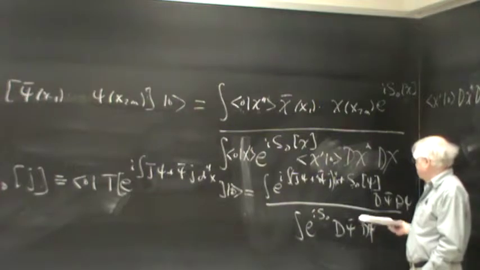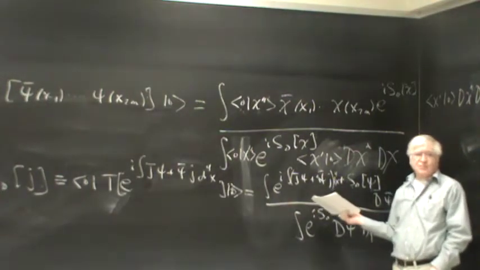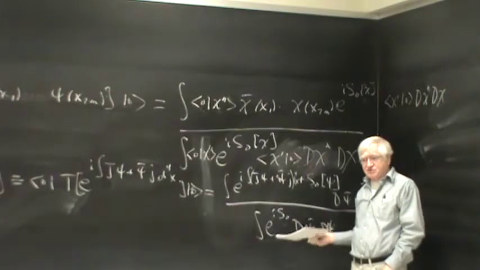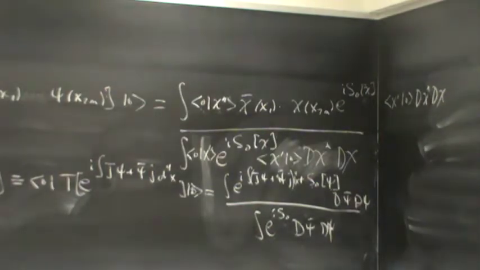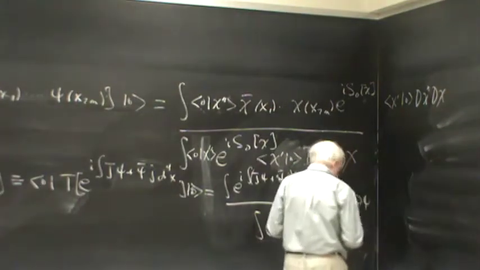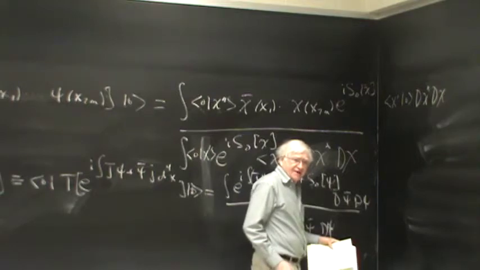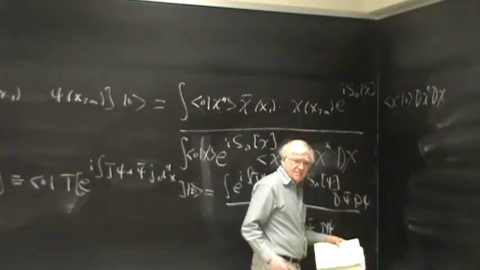I think maybe I should just put in a few more lines as to how we go from here to the Feynman propagator. I was doing this afternoon, and I may have a minus sign loose here, so it's basically the same idea as in the case of boson fields.